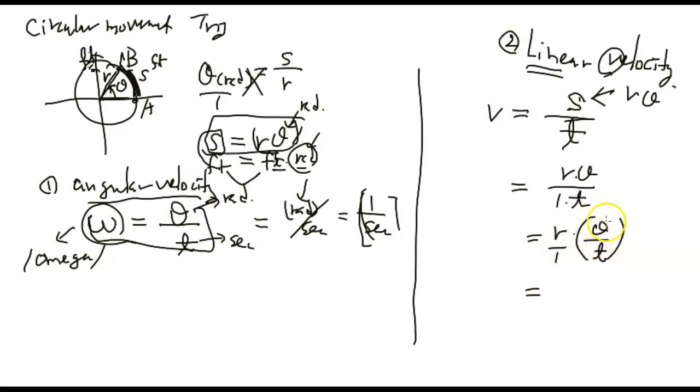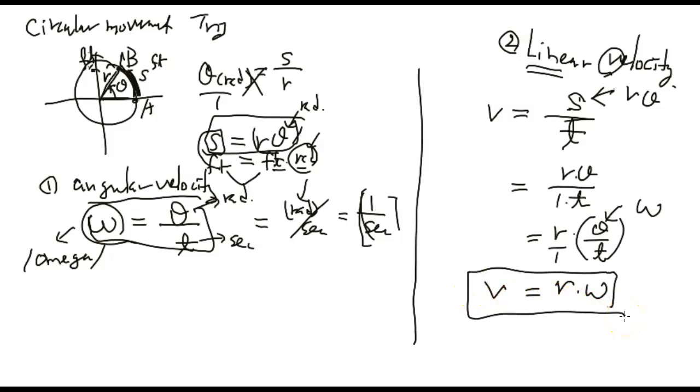Theta over t, the rotational amount of theta per time, is the angular velocity omega. So we replace it with omega, giving r times omega. That is our linear velocity. The relationship between linear velocity v and angular velocity omega is: linear velocity v equals r, the radius of the circle, times omega, the angular velocity.